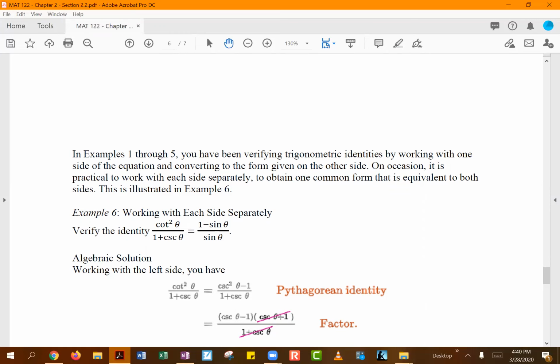But sometimes you may actually have complicated functions on both sides of your equation. And in that case, it may actually make more sense to solve each of the sides separately and show that they will end up equaling the same expression. So what's going to happen here in example 6 is we're going to solve the left-hand side, we're going to solve the right-hand side, and try and show that they are in fact going to be the same expression, and that's how you're going to verify the identity.